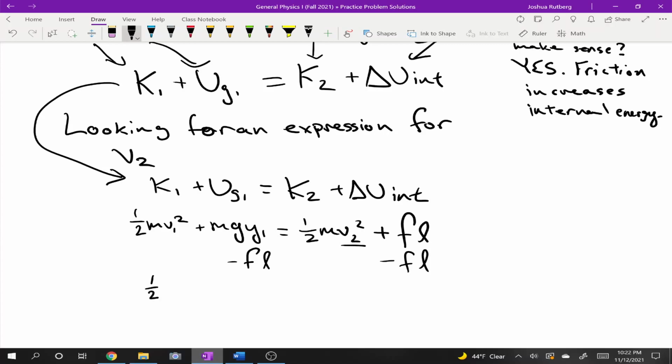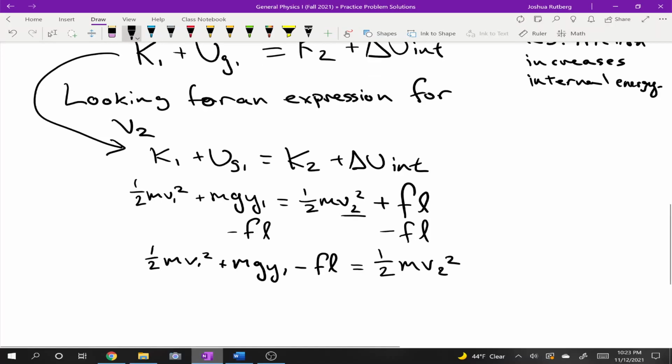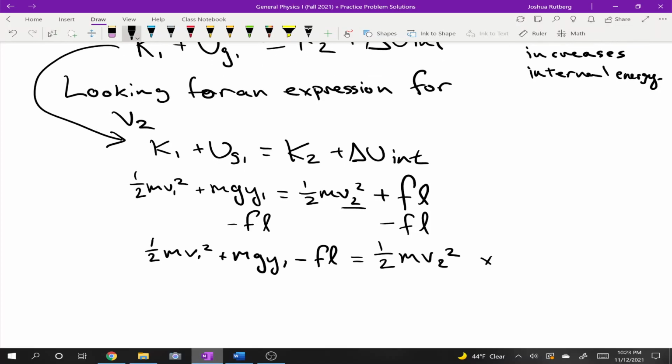So I get 1/2 m v1 squared plus m g y1 minus FL is equal to 1/2 m v2 squared. I can then multiply both sides by 2/m.